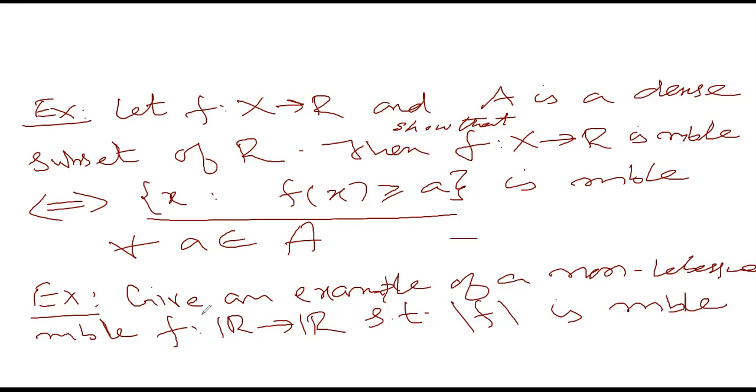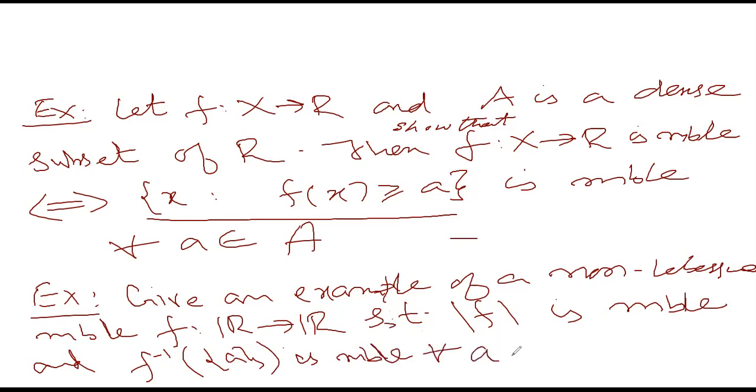And not only this, there's one more property: you see that the inverse image of a singleton set is always measurable in that case, for all a.